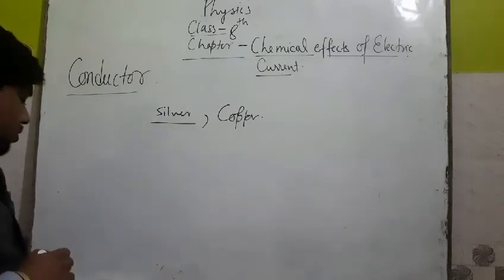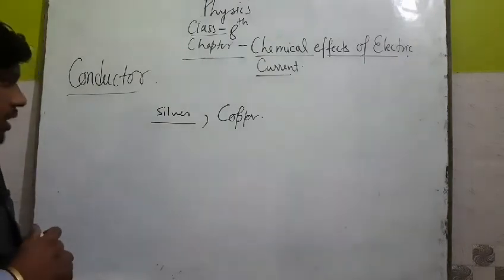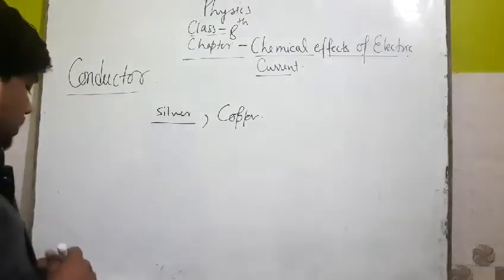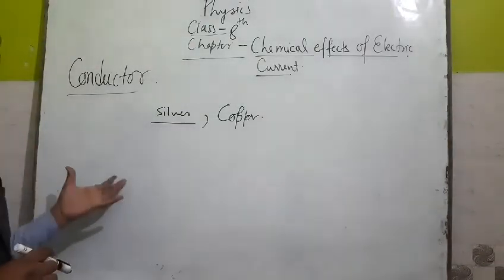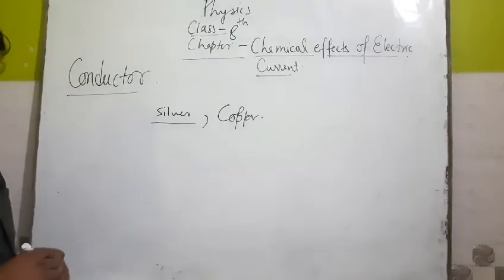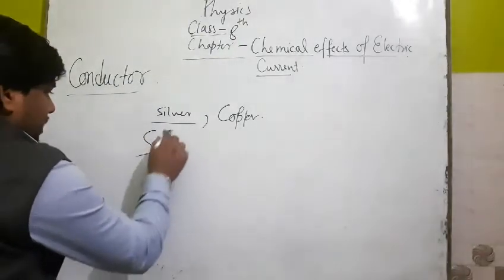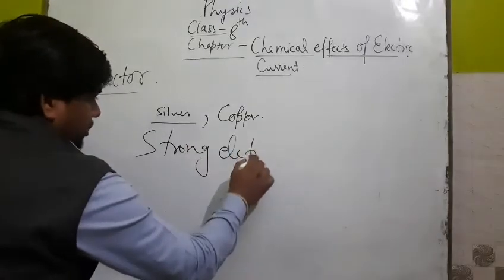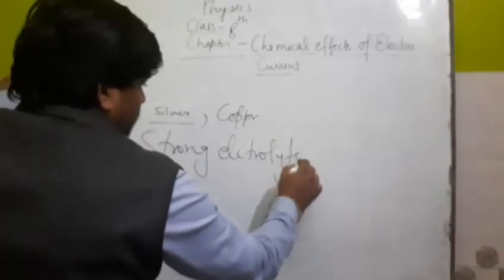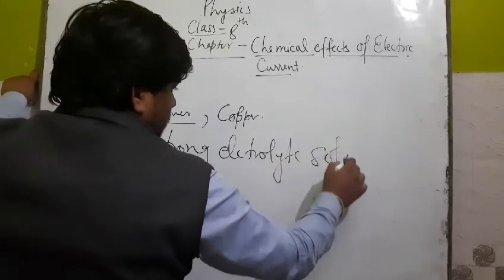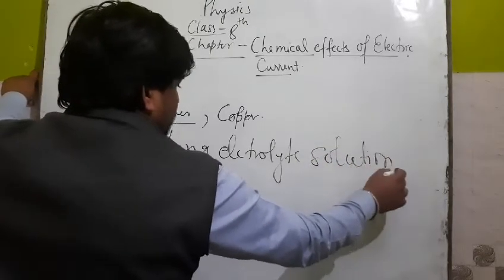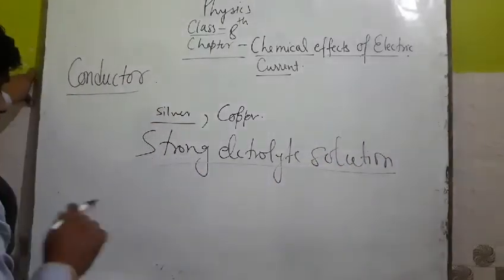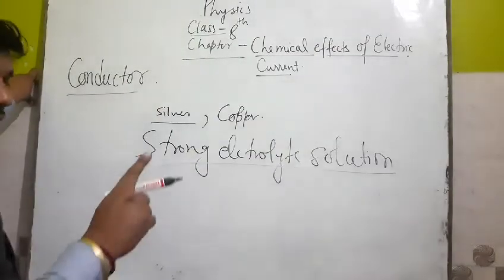Solutions of strong electrolytes and moderate electrolytes are also good conductors of electricity. Means solutions of strong electrolytes, strong electrolyte के solution कैसे होते हैं? Simply, they are good conductors of electricity.